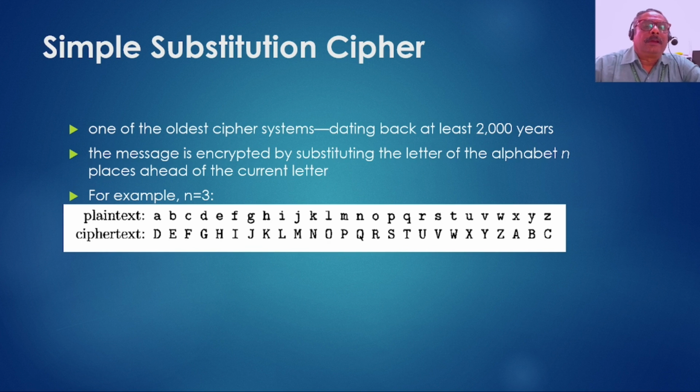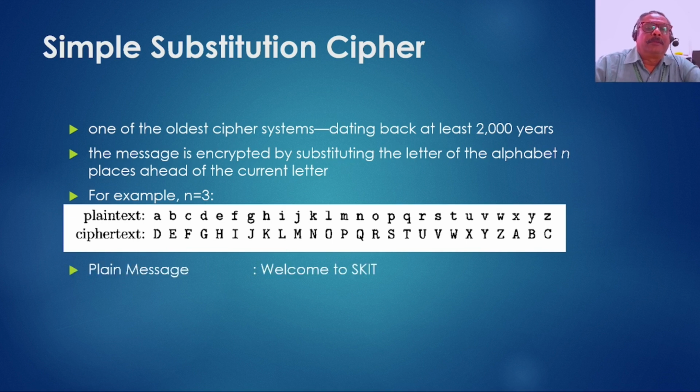So in case of simple substitution cipher with n equal to 3, wherever we have A, we replace it with D. Wherever we have E, we replace it with H. Wherever we have K, we replace it with N, and so on.